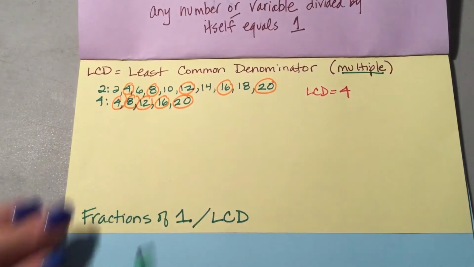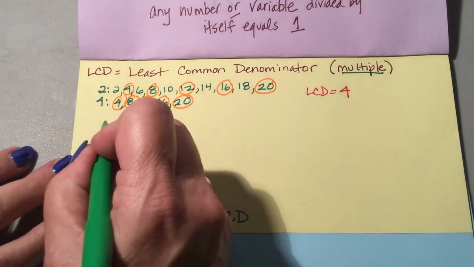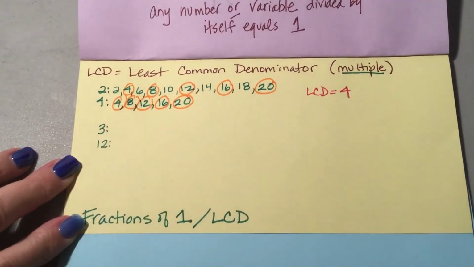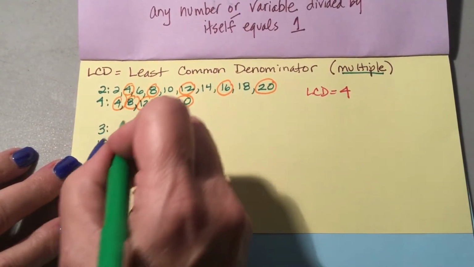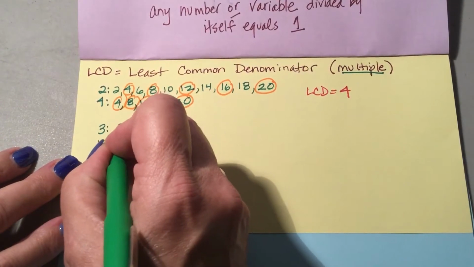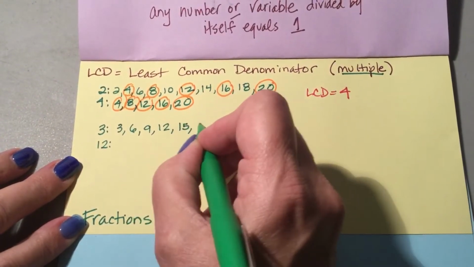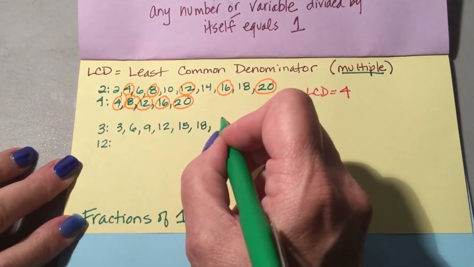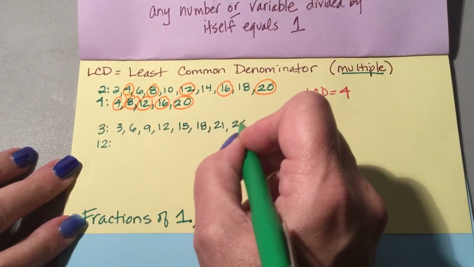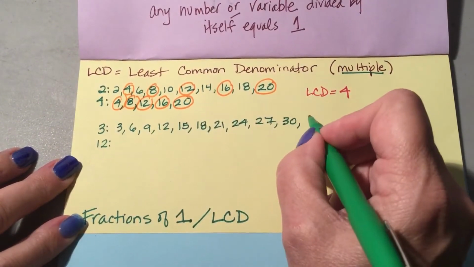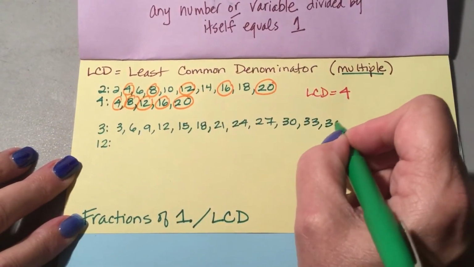We're going to practice a couple more because we need a couple of examples in our book. So we're going to do it again for the numbers 3 and 12. We're going to count by 3s all the way to 36: 3, 6, 9, 12, 15, 18, 21, 24, 27, 30, 33, and 36.